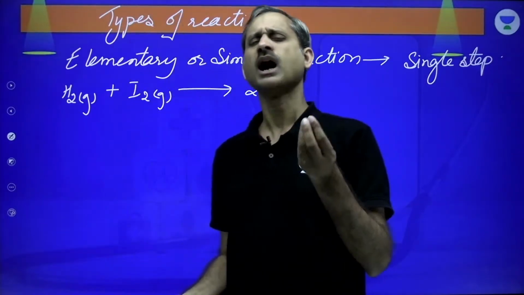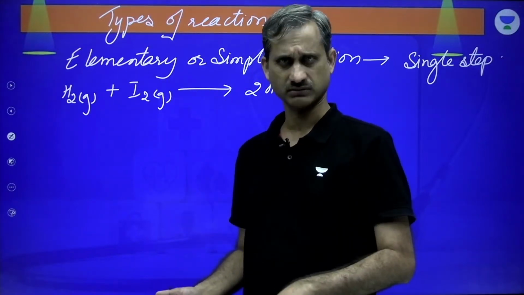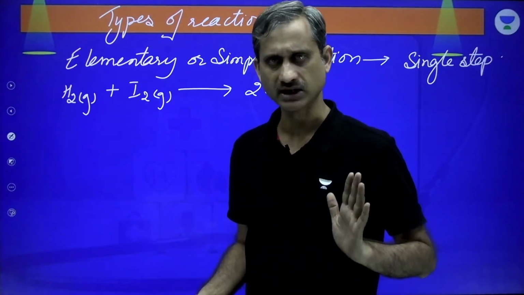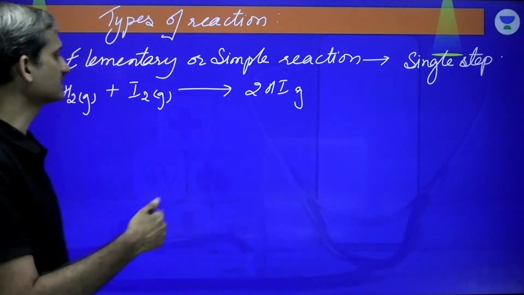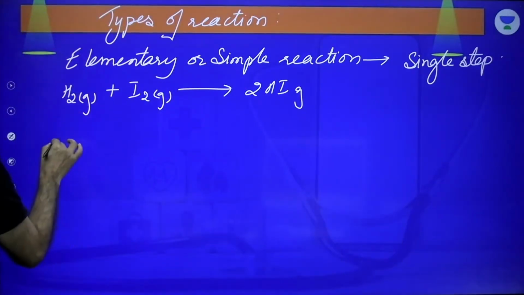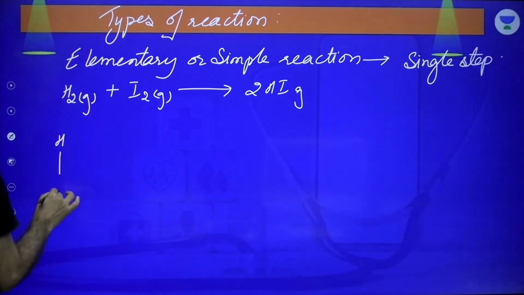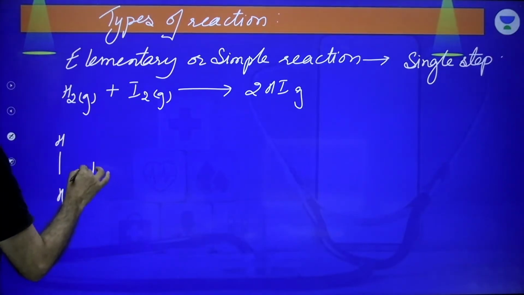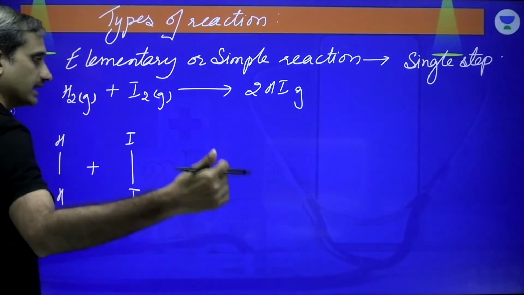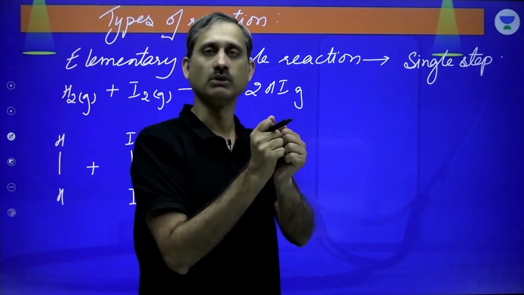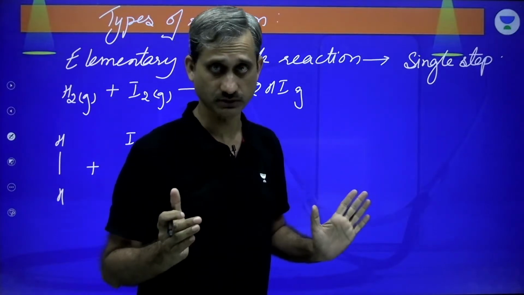Okay, so under certain specific conditions, it is a single step reaction. Now we are not going to talk about what those conditions are. Now how does it become a single step reaction? See, here we have the hydrogen molecule. This hydrogen molecule reacts with the iodine molecule, or you can say it collides with the iodine molecule under a proper orientation.